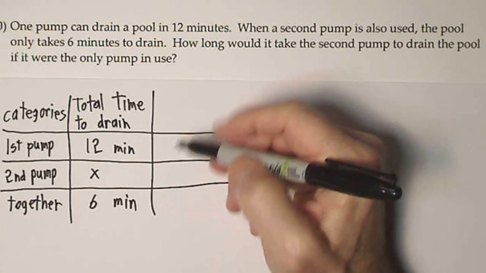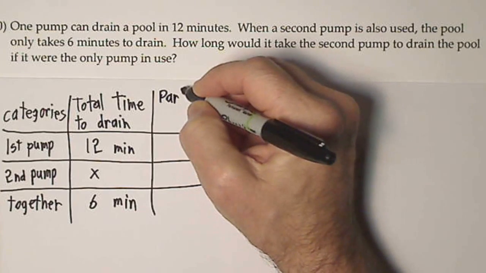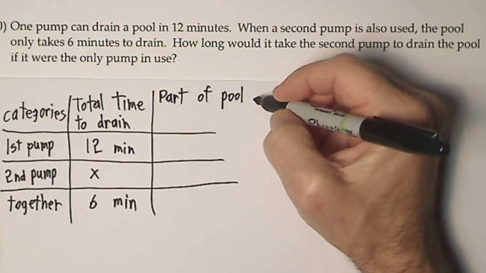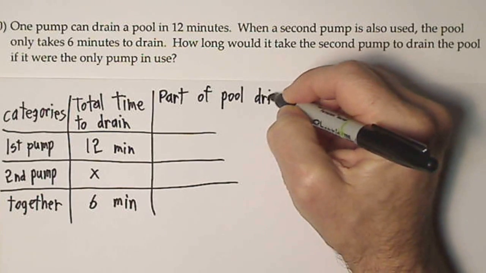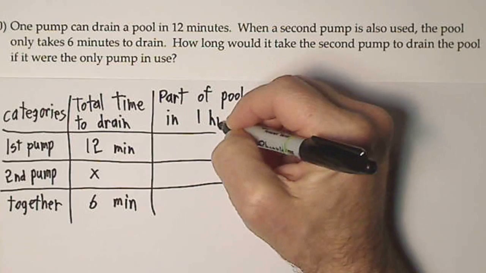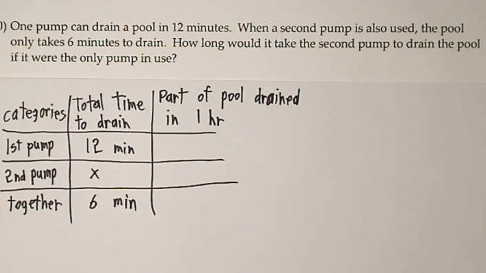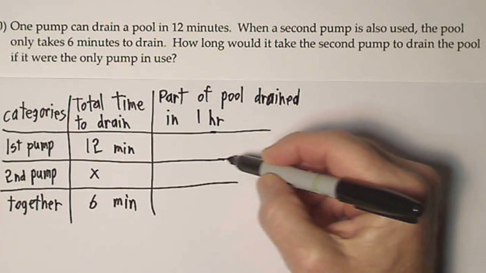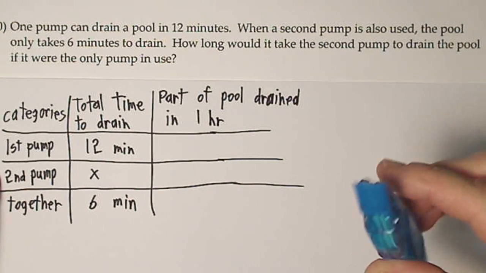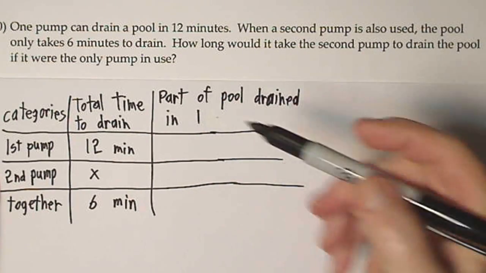And we're going to use the same trick we used on the previous one. Part of pool drained in 1 minute, because we're in minutes.